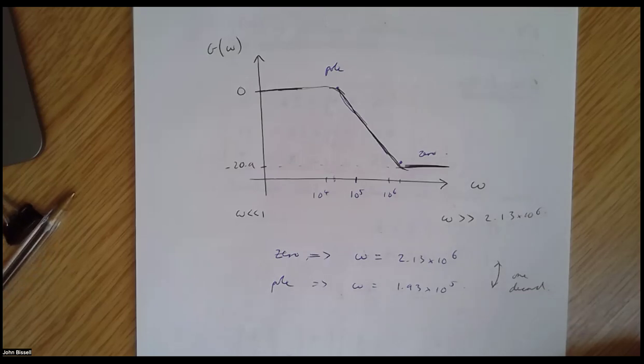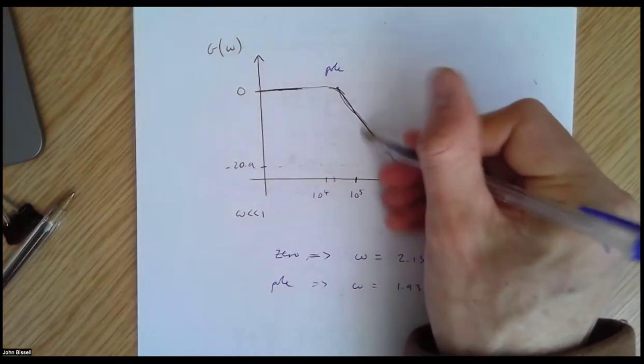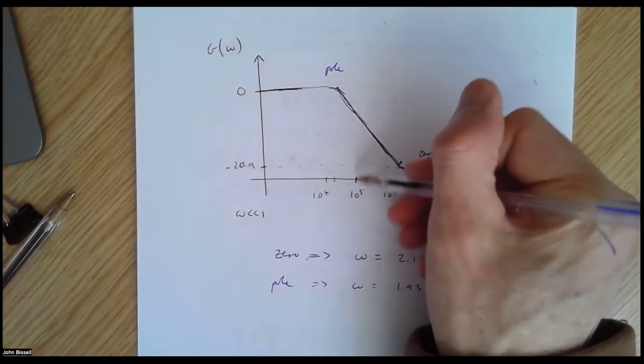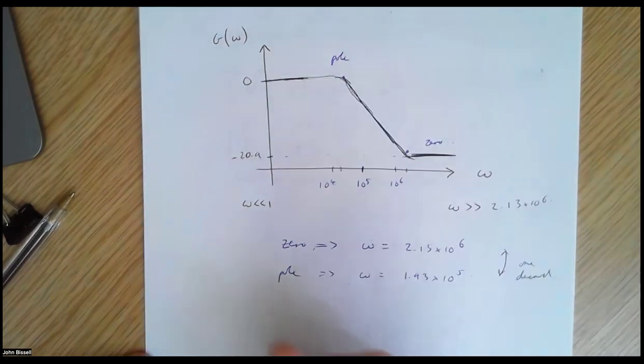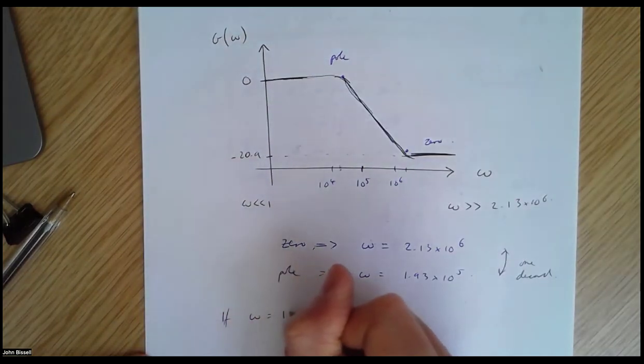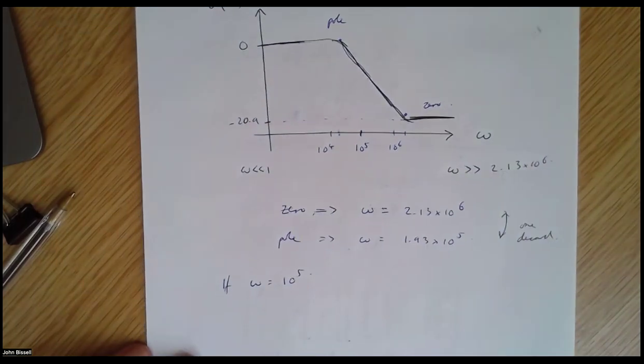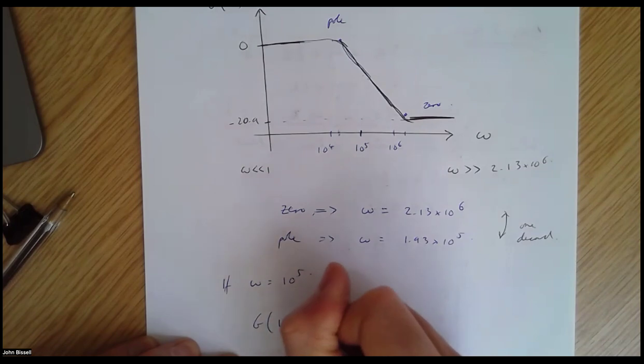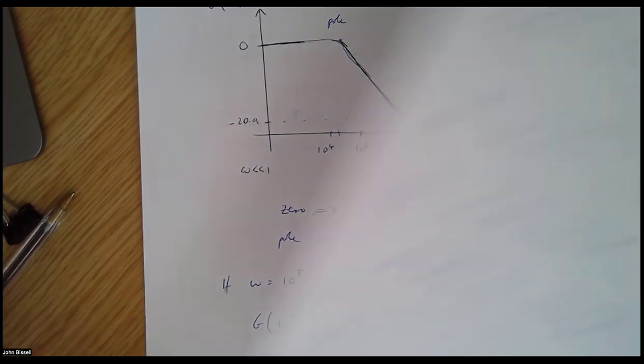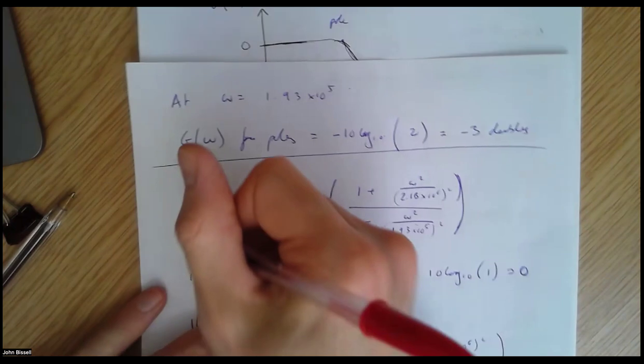If we wanted to, we could evaluate what the gain would be at 10 to the 5. If omega was 10 to the 5, let's have a look at what the gain is. We can use our gain formula. So this was our gain formula.